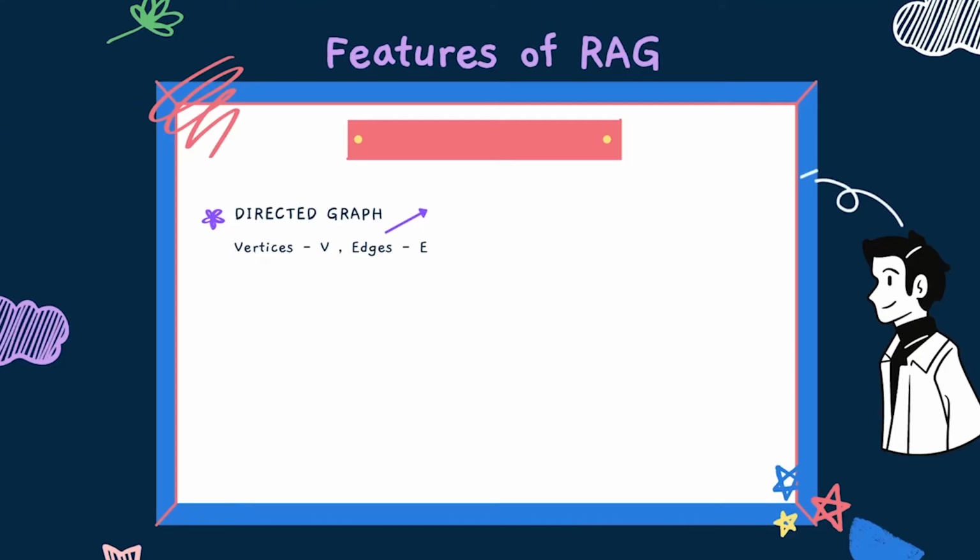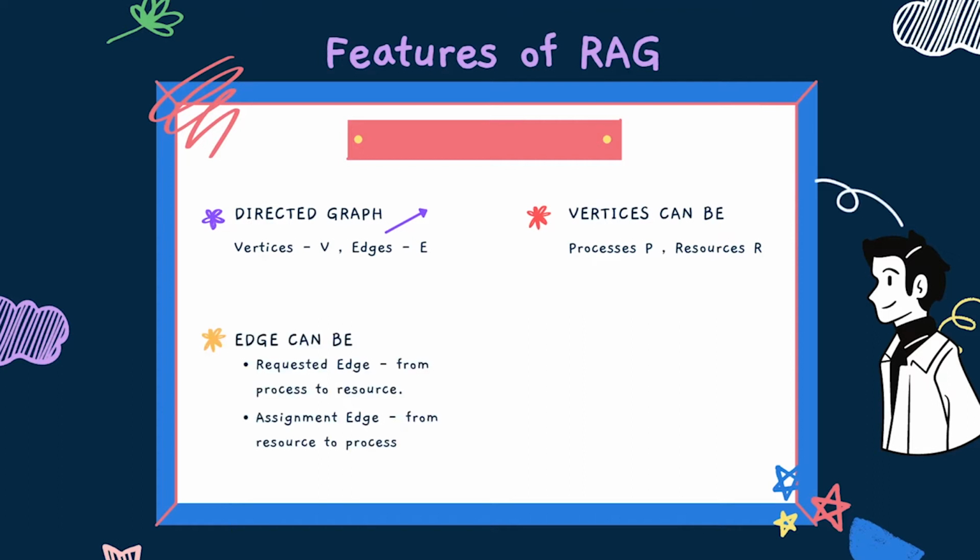Okay, some features of resource allocation graphs. The first feature is they are directed graphs, and the vertices are labeled as V and the edges are labeled as E. The second feature is the vertices can be processes P or resources R. The third feature is edge can be either a request edge, which is the arrow that goes from process to resource, or an assignment edge that goes from resource to process.